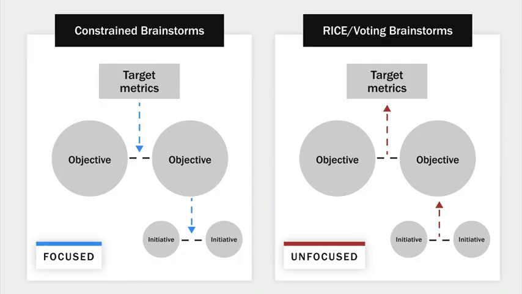This contrasts sharply to RICE and voting, where you do a bottoms-up brainstorm of initiatives. This lack of top-down constraint means the brainstormed initiatives are more likely to relate to different objectives and improve a disparate set of metrics. This creates a lack of focus in the final roadmap. Additionally, the focus of the 4D roadmapping process translates into another benefit.